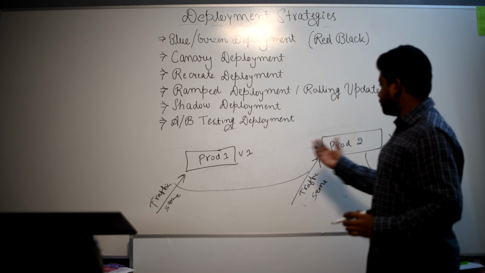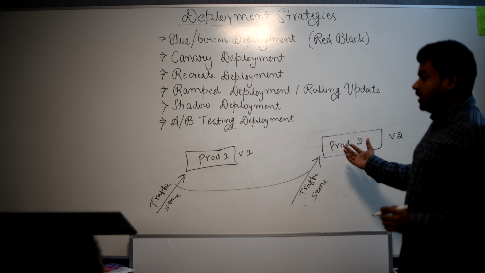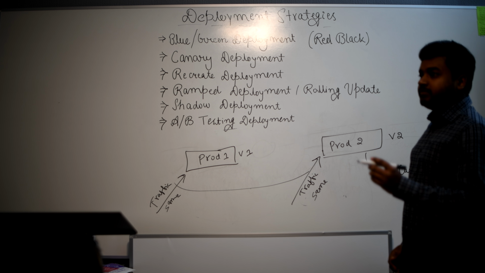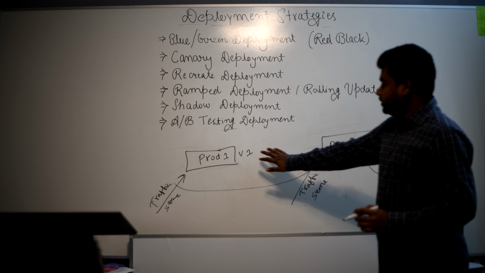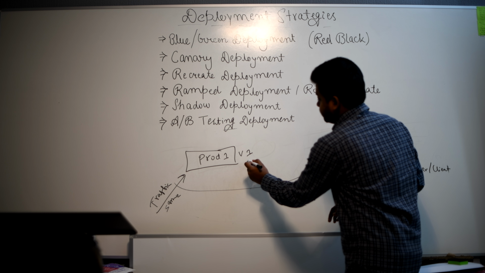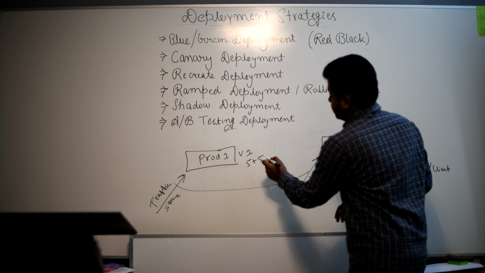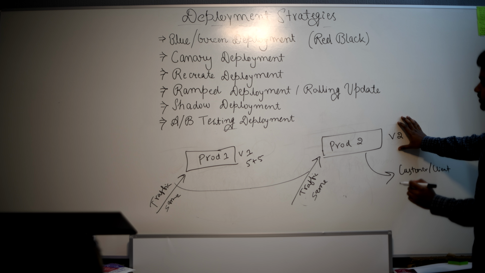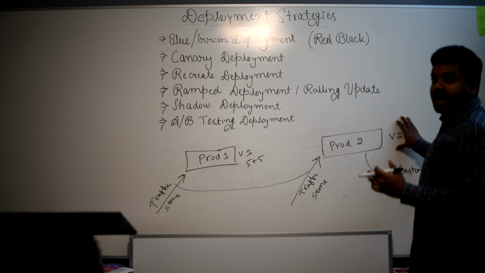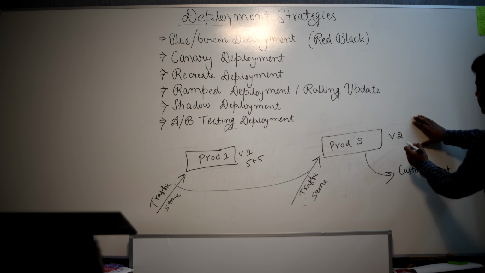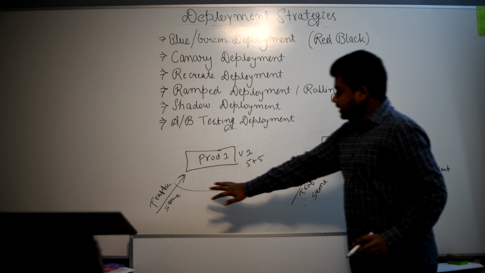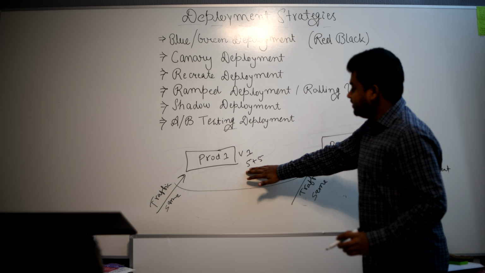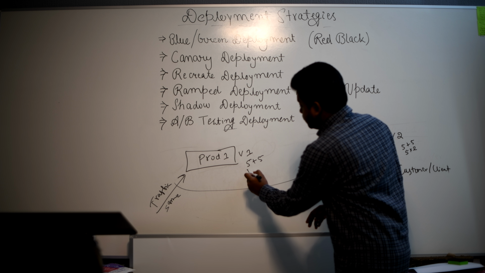Like if in the production server we are doing the sum of 5 and 5. In v1 we are doing the sum 5 plus 5, and in this v2 we have enhanced our logic, and now we are doing the sum 5 plus 5 plus the multiplication 5 into 5. So here the traffic came, 5 plus 5, it gave output to its downstream.